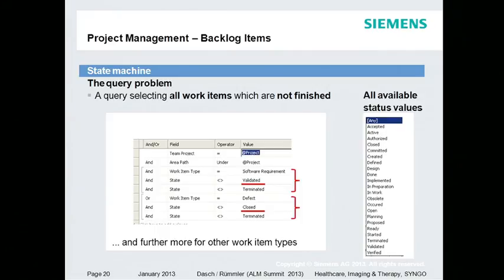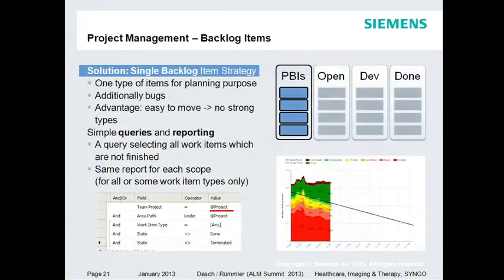And what we did is we decided to implement a so-called single backlog item strategy, which means you have only one work item for planning purposes, and this work item has different subtypes to identify these different semantics behind.